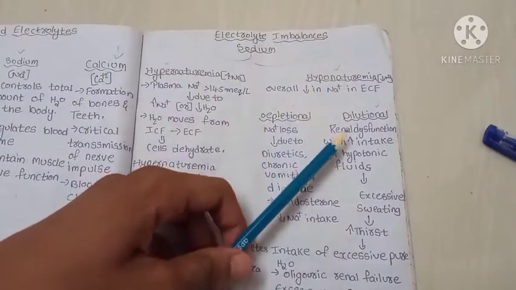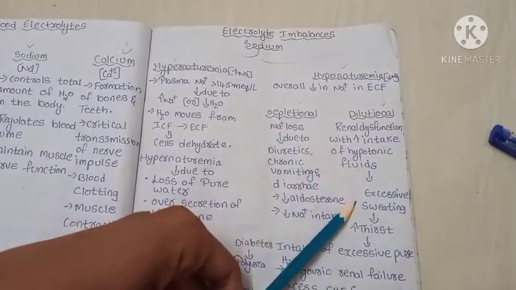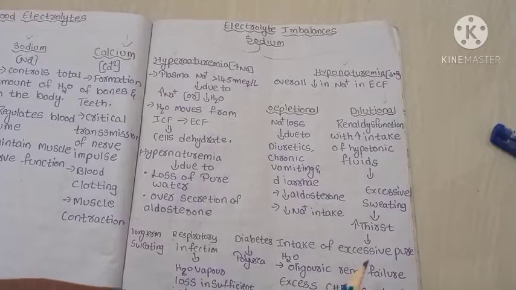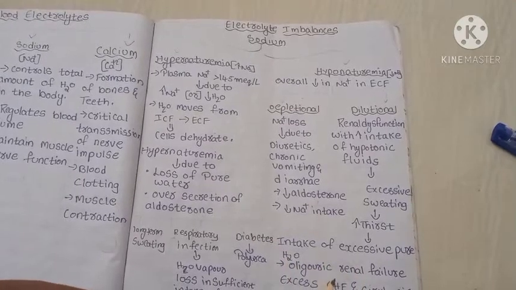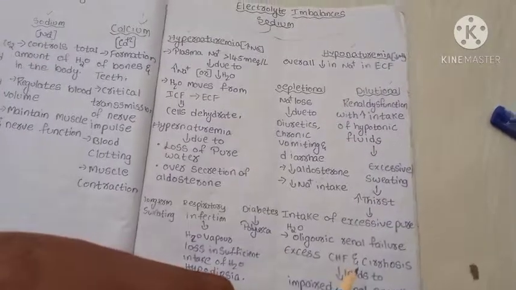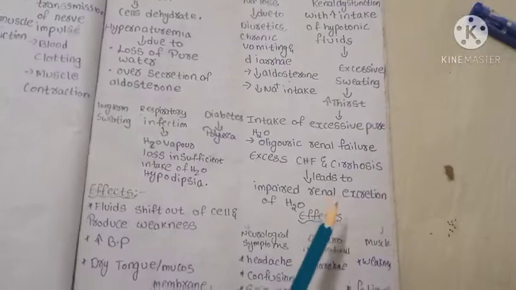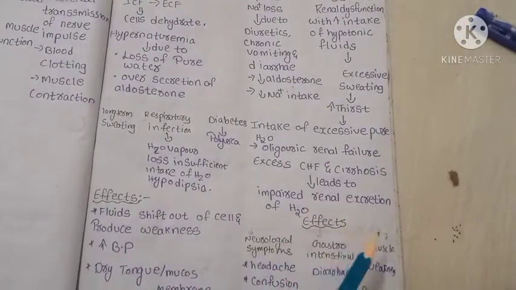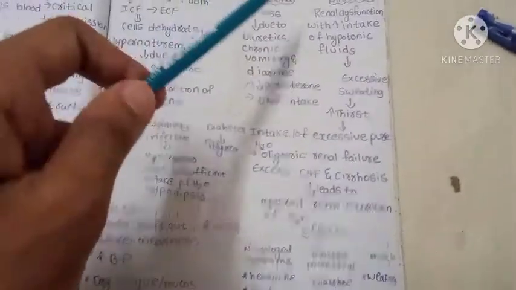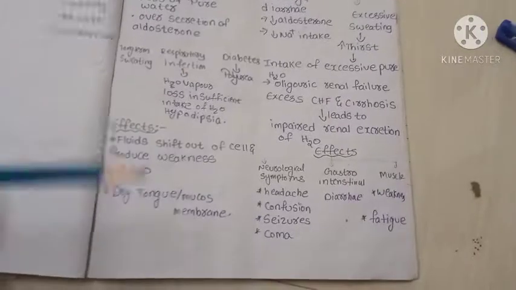Dilution occurs due to renal dysfunction, intake of hypotonic fluids, excessive sweating, thirst which results in the intake of excessive pure water, oliguric renal failure, CHF, and cirrhosis leading to impaired renal excretion of H2O. All these conditions result in hyponatremia, that is decreased level of sodium electrolyte.